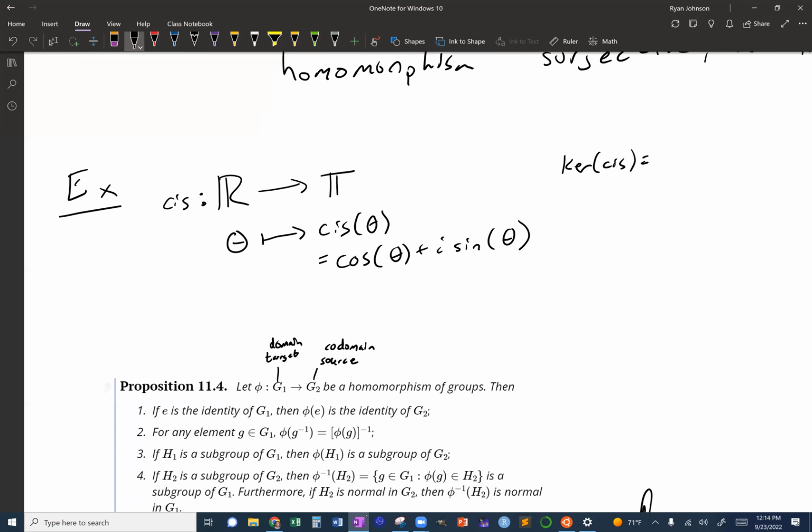Just name a few elements of the kernel. What are some elements of the real numbers that get sent to the identity of the unit circle, which is 1? Getting there, closer. So it's got to be a number.